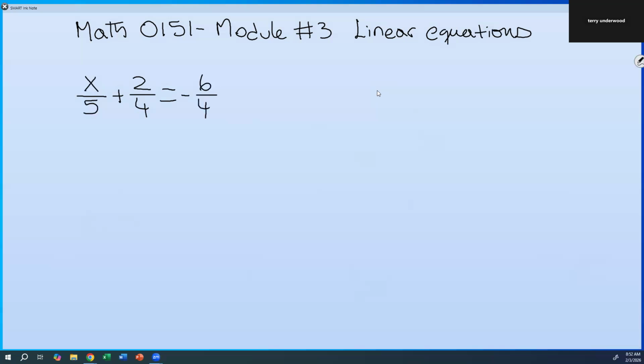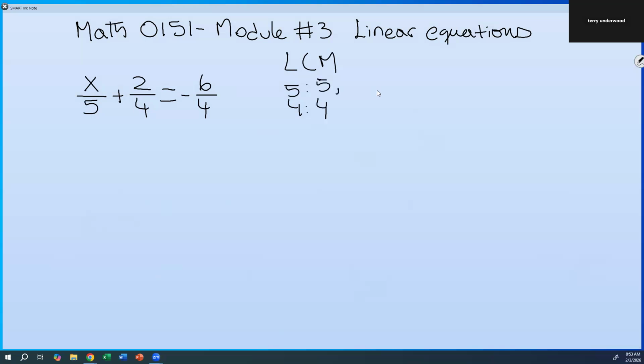Now we have three fractions, no? And we do the same thing. We find an LCM. LCM stands for least common multiple. If you put a 5 and a 4 and make a list of each one of their multiples, you multiply both by 1. 5 times 1 is 5, 4 times 1 is 4.